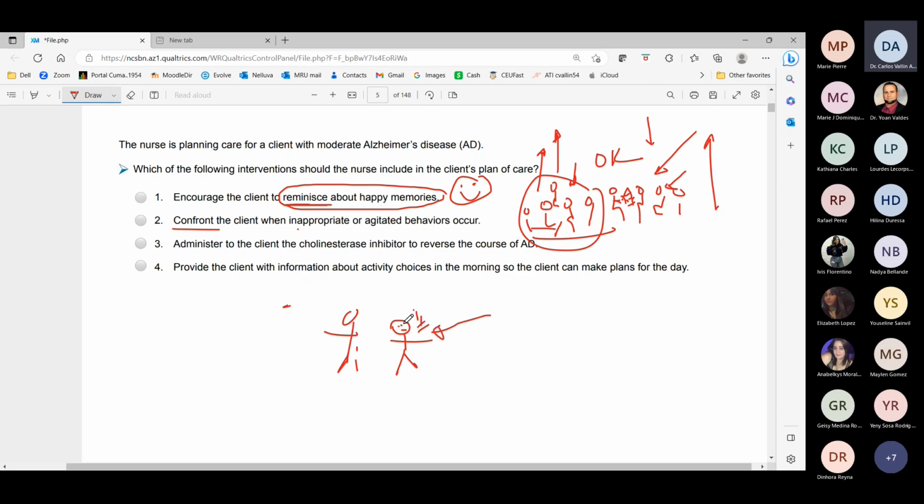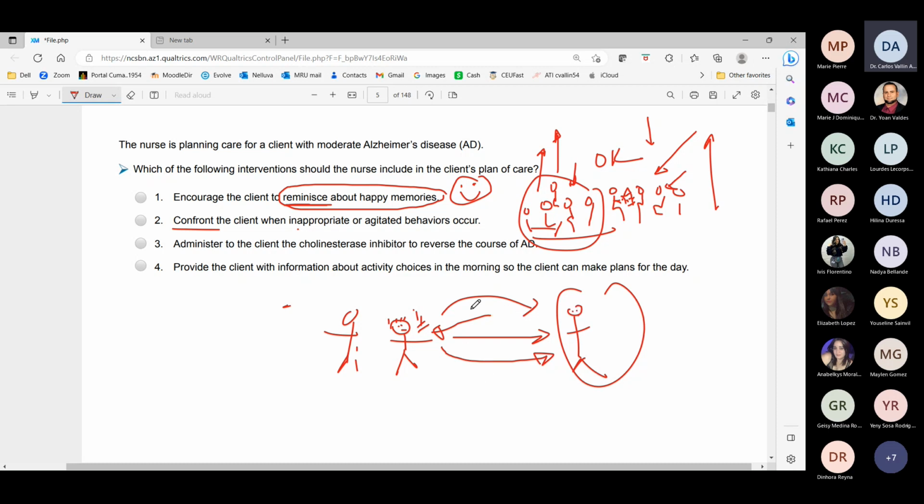You scold and confront the client that it should not be done, or you take the client to another place and offer the client an ice cream or a snack. This is the trick that we use to deviate dysfunctional behaviors to a more functional behavior.